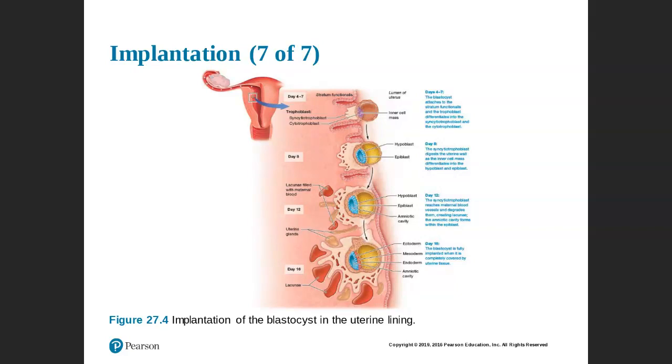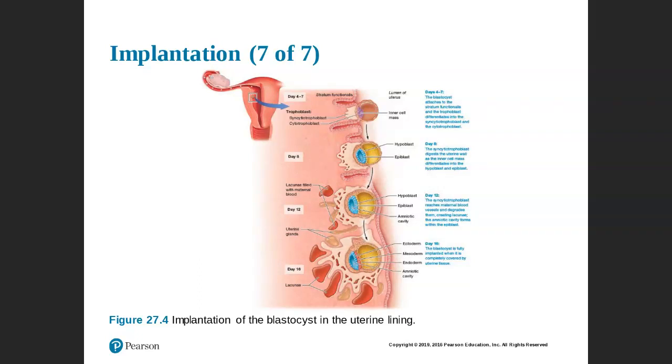Okay, in here. Here's the inner cell mass in purple. Okay, that's days 4 through 7. Okay, then day 8, now you've got an epiblast and the hypoblast. The syncytiotrophoblast will then digest the uterine wall as the inner cell mass differentiates into the hypoblast and epiblast.